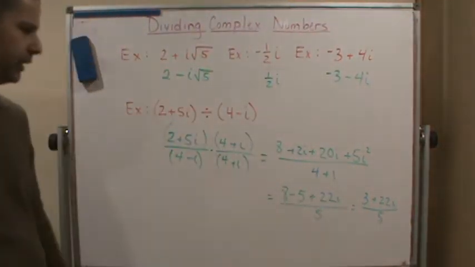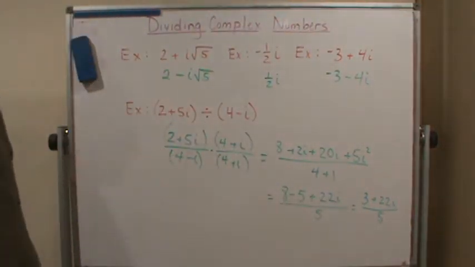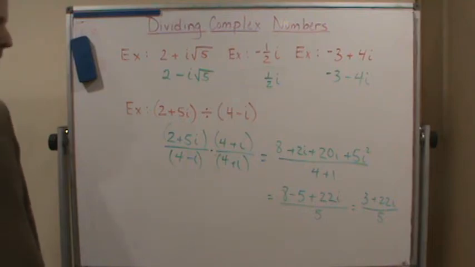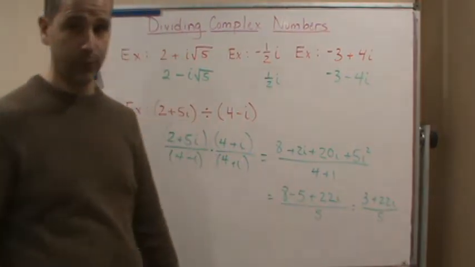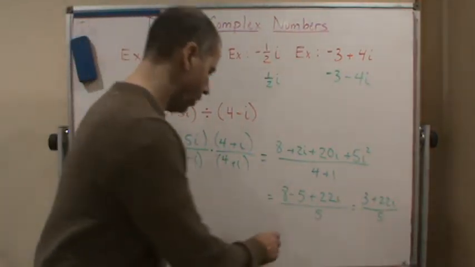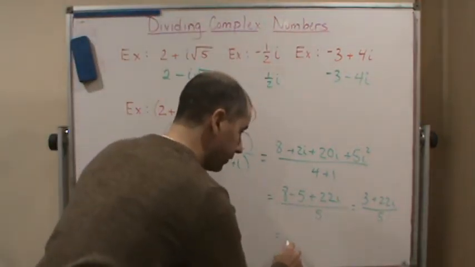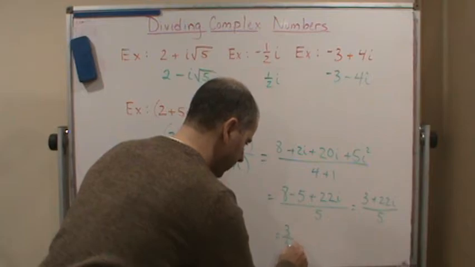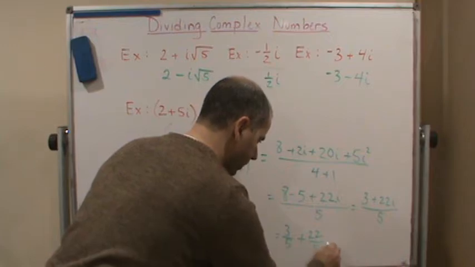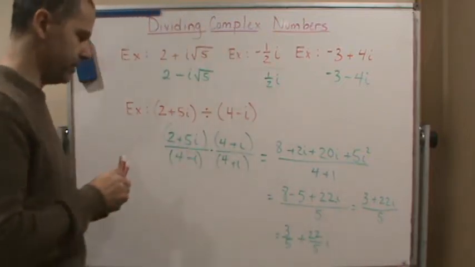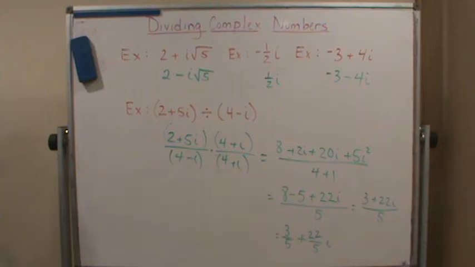You could leave it like this, but if it's asking you to put it in standard form, then you've got to split it up into two fractions. So you're going to end up with 3/5, a real part, plus 22/5 i, because in standard form, it's got to be a plus bi.